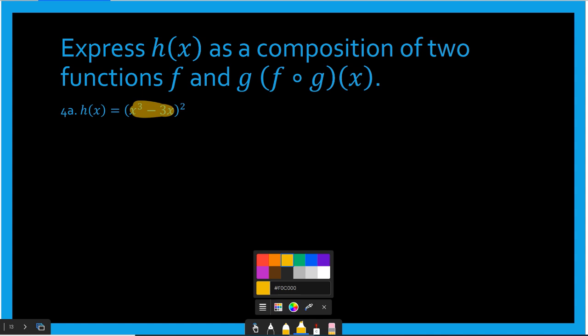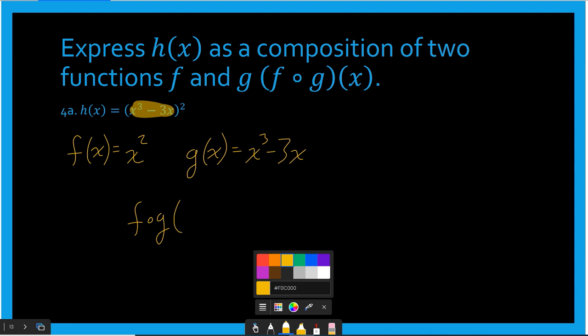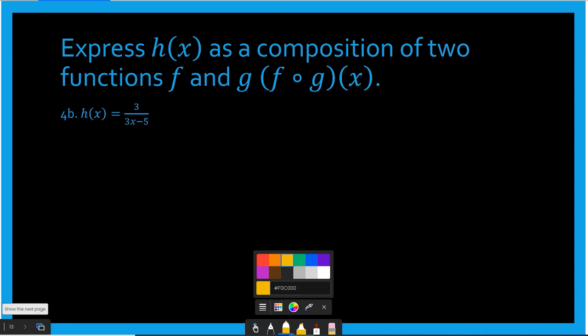So I can break this up into two functions. Alright, so f of x is that function of everything I highlighted squared. So that's going to be x squared. And g of x is what we substituted. So we substituted x cubed minus 3x. And that way f of g of x is going to be equal to h of x. Now go ahead and try that with example B.